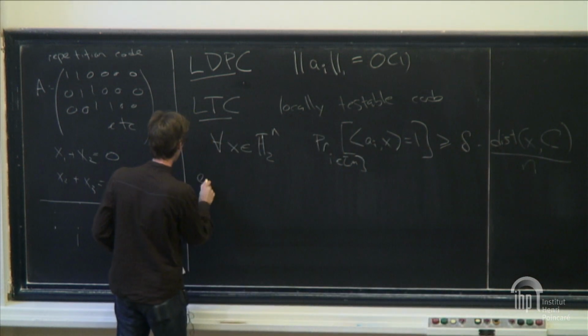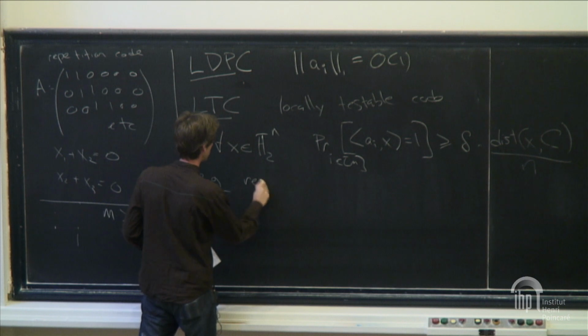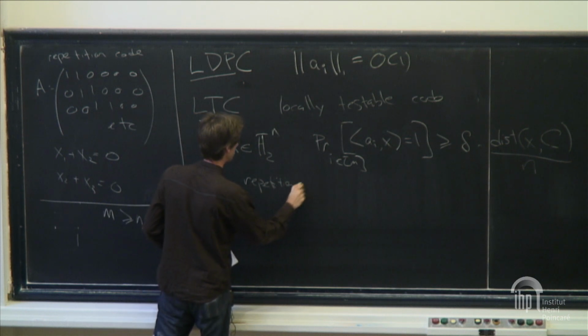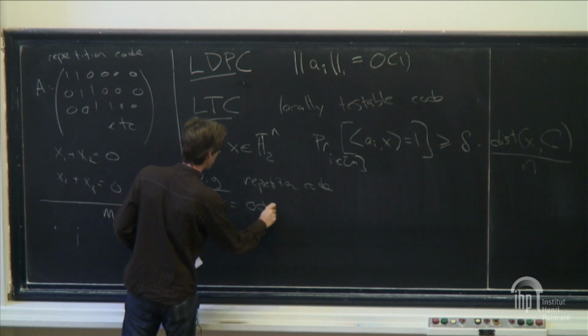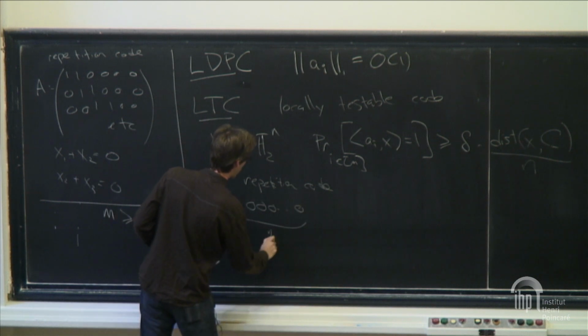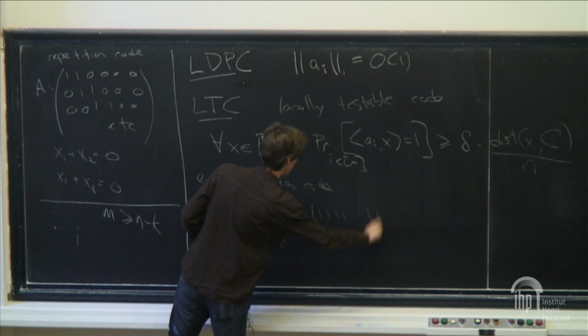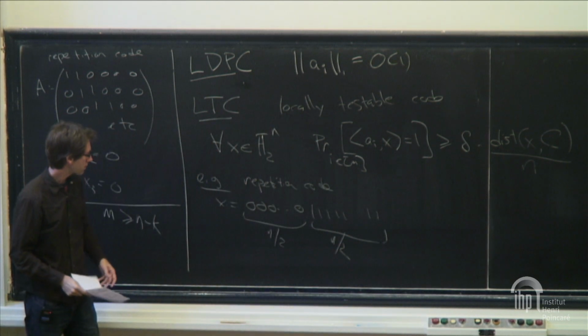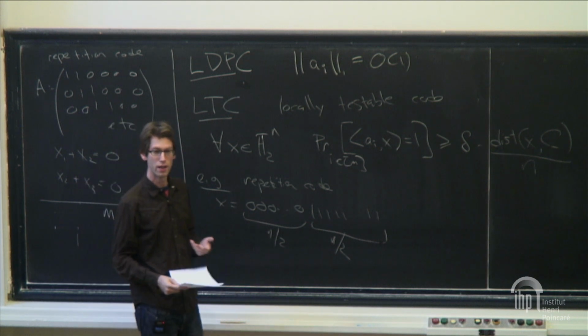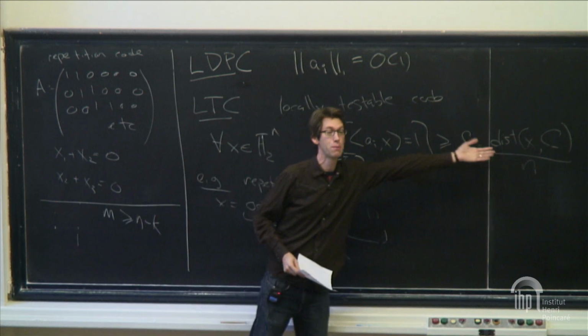Because you can just take x to be n over 2 zeros and n over 2 ones. Your distance from a code word is large, half the positions.